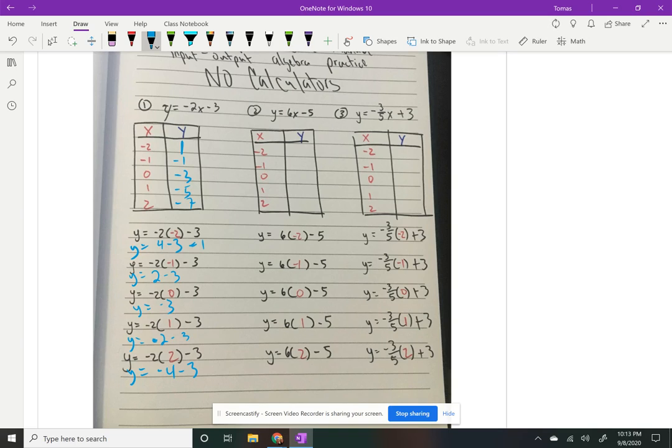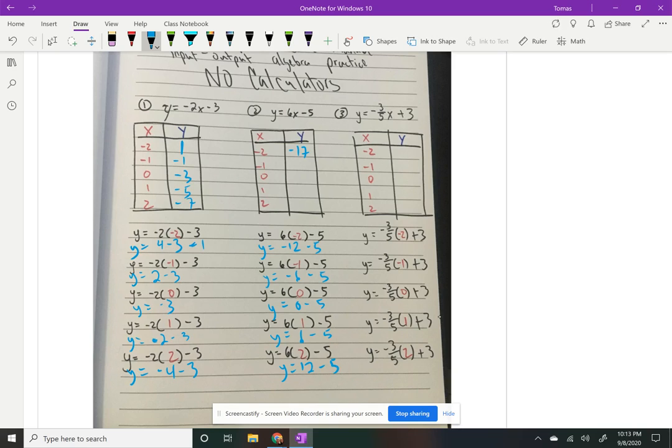Now, right here, same concept. Negative 12 minus 5. This would be negative 6 minus 5. 0 minus 5. 6 minus 5. And 12 minus 5, right? So negative 12 minus 5 gives us negative 17.